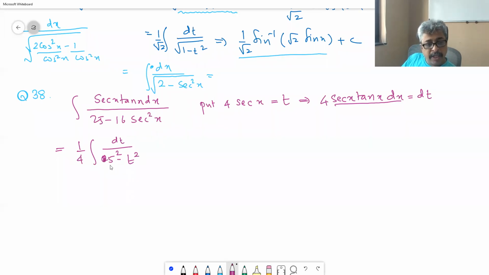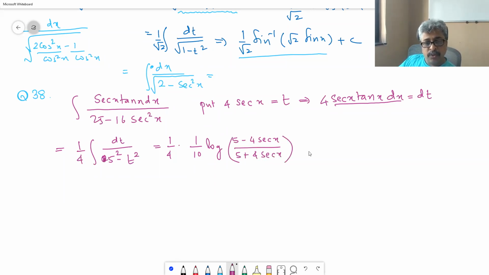Okay, so this is a square minus x square type, and therefore if we directly want to write down the formula, 1 upon 4 into 1 upon 10, that is 1 upon 2a, log of a minus x, 5 minus 4 sec x upon 5 plus 4 sec x.